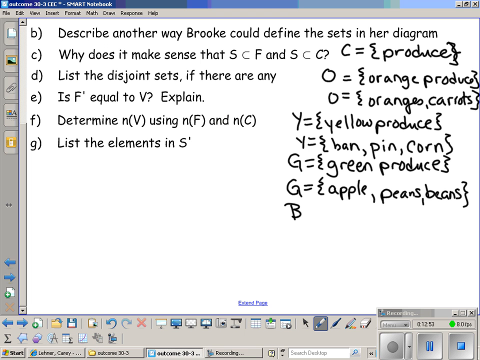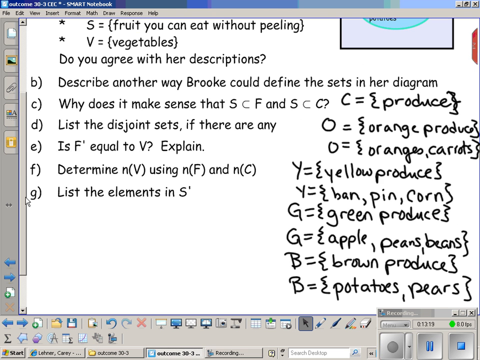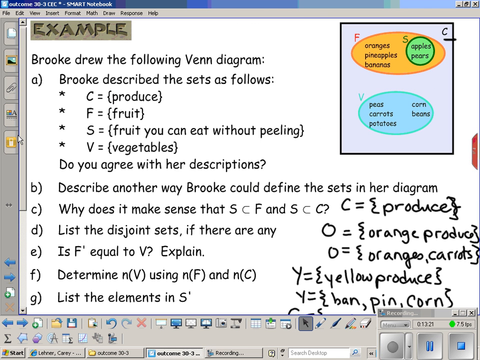B is going to represent my brown produce. And if we look and see in here what is brown, well, we can have potatoes, and we can have carrots. So it's just another way that we could categorize it. And again, there are other ways. You might have thought of something different. But just to show you that there's more than one way to categorize a set.